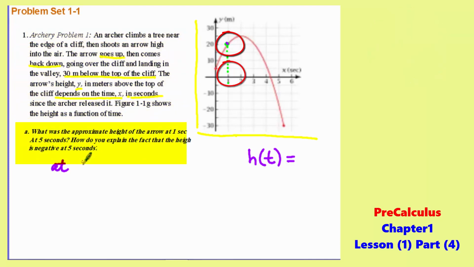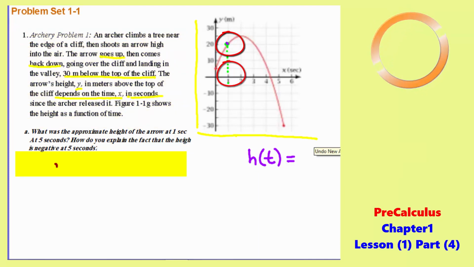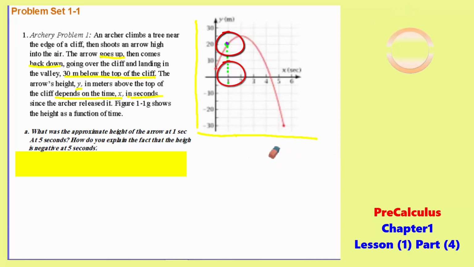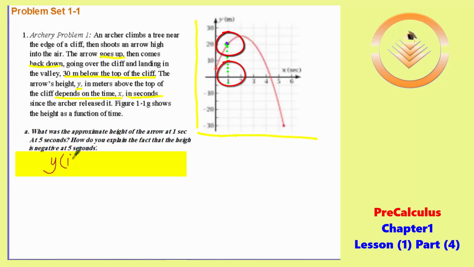I think it's more accurate if we use y. So y of 1 second, which is y of 1, is equal to 20 meters.